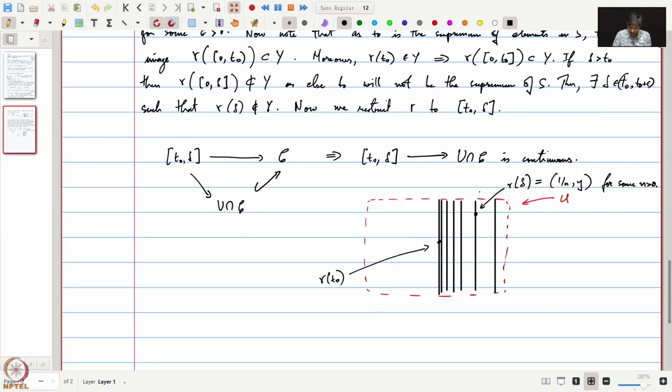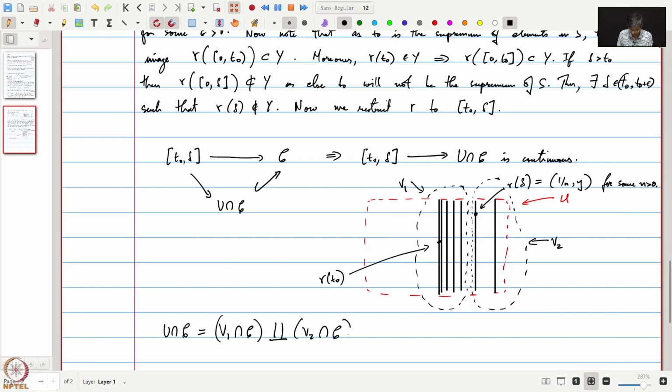Now we can find two non-empty open subsets in U intersection V. Let's say this is V1, and this is V2. Then U intersection C we can write as V1 intersected C, disjoint union V2 intersected C.